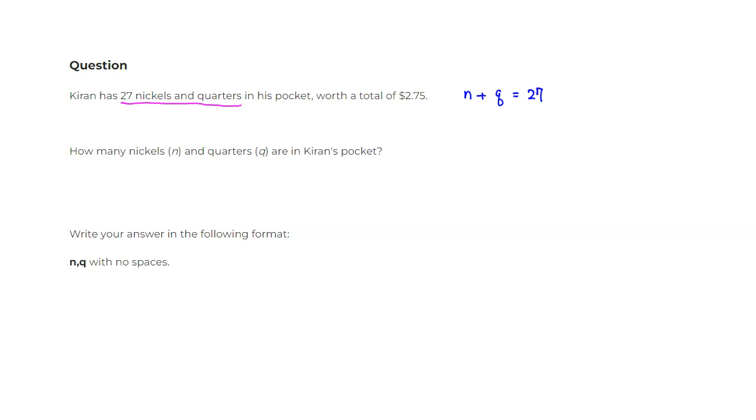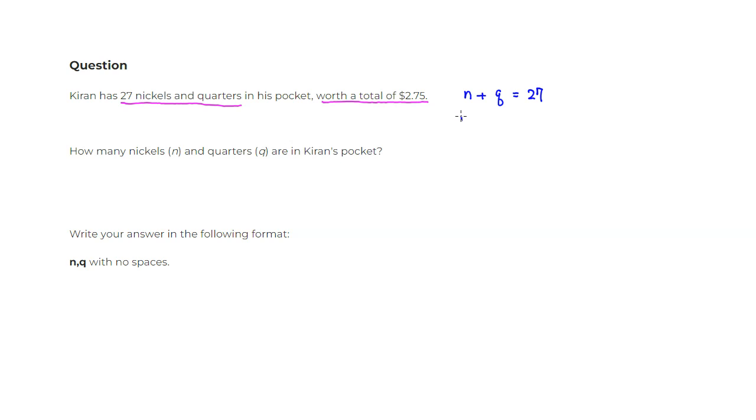Then it says they're worth a total of $2.75, so 275 cents. Which means each nickel is worth 5 cents.